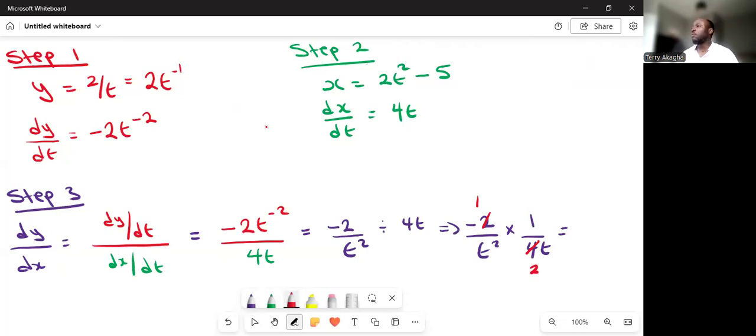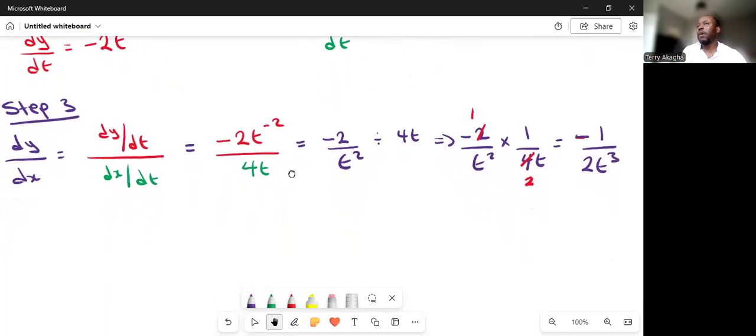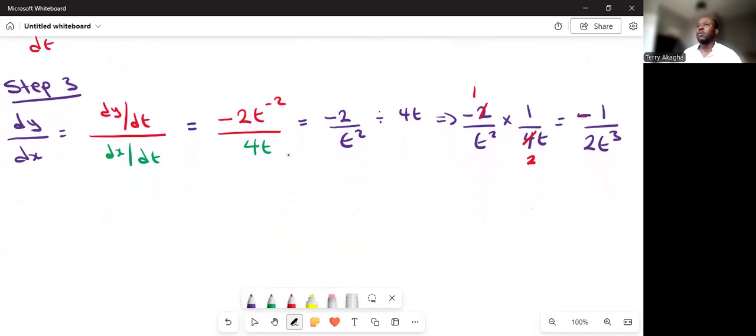And that will give us minus 1 over 2t squared times t, which gives t cubed. So now, based on this, dy over dx, which is the same thing as the gradient m, is equal to minus 1 over 2t cubed. And that will be the answer for that.